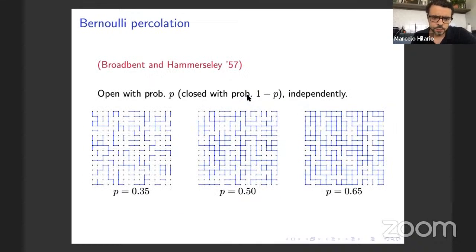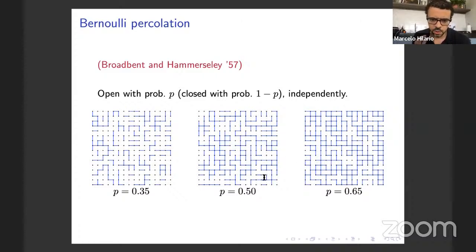Okay, so the simplest thing that you can do is to assign the states of the edges independently with the same probability, let's say p. Here I prepared three pictures with different values of p. On the left, you have low connectivity, essentially all disconnected, while on the right, you have something much more compact, a robust structure, with crossings from one side to the other, from bottom to top.